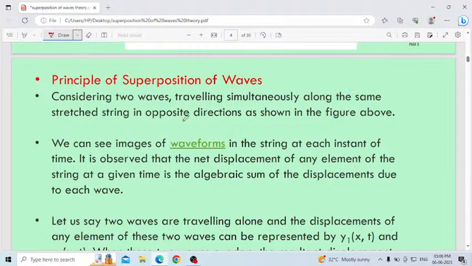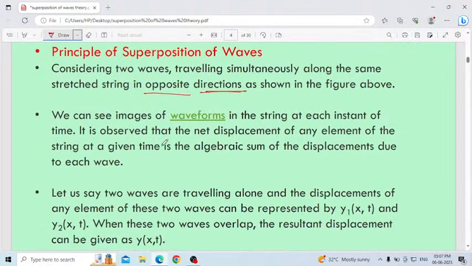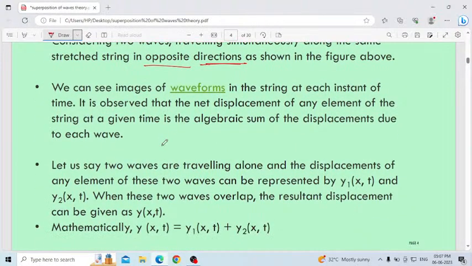Here we consider two waves traveling simultaneously along the same stretched string in opposite directions. Yes, they may superimpose in the opposite direction also. We can see the image of the waveform in the string at each instant of time. It is observed that the net displacement of any element of the string at a given time is the algebraic sum of the displacements of each wave.